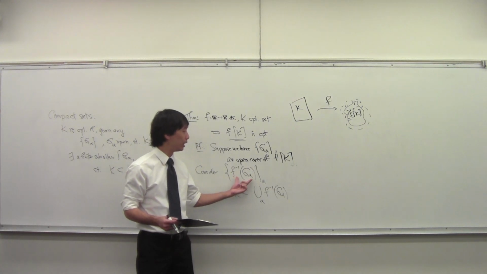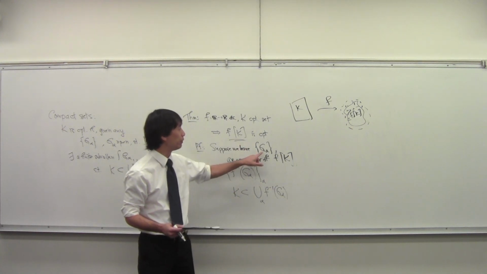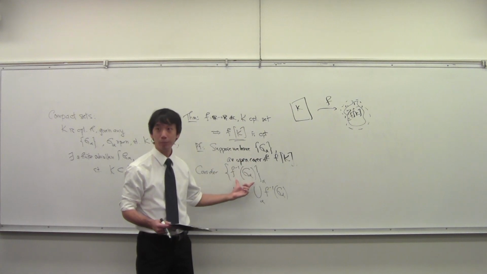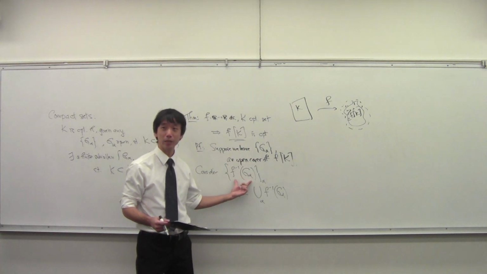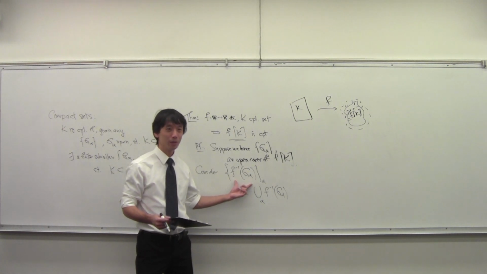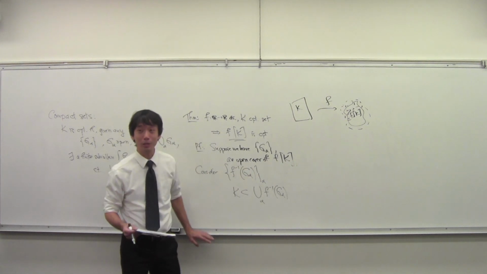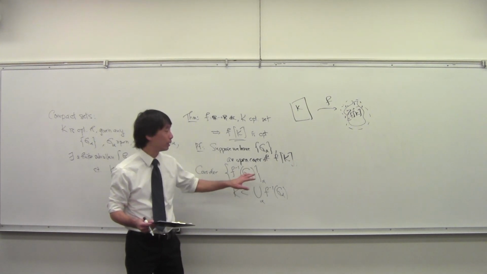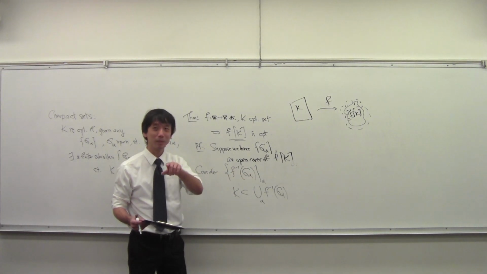The G alpha were open, right? Why are the pre-images of the G alpha open? Why is each F inverse G alpha open, Nick? Not because it's 1-to-1. Anybody remember? Is this a different definition of continuity? This is the topological definition of continuity. Yes, exactly.